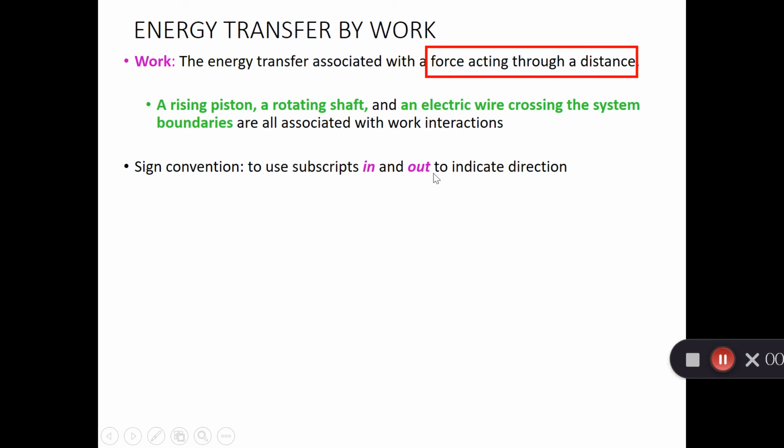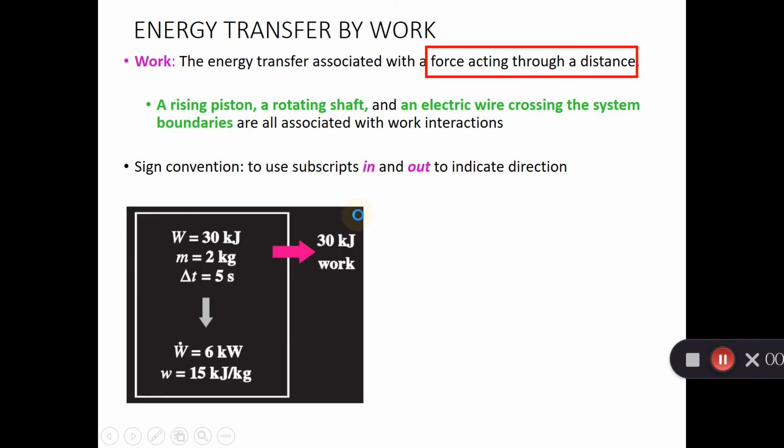Work in, that means you are pushing the piston in. That means the force is coming from outside. It's pushing in. And work out is when the system is pushing itself out. It's in and out. So work out means the system is just rising by itself, expanding by itself.